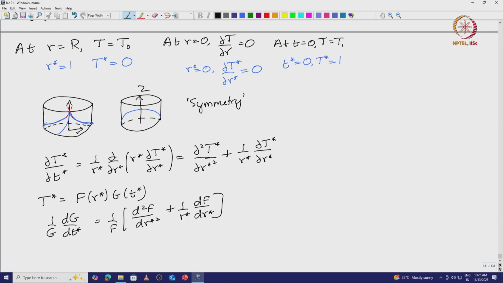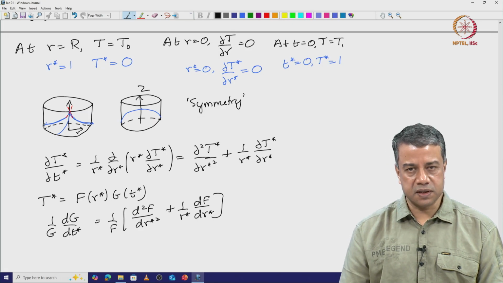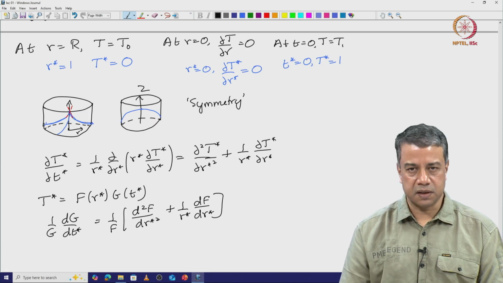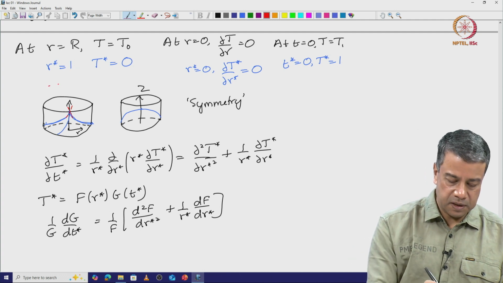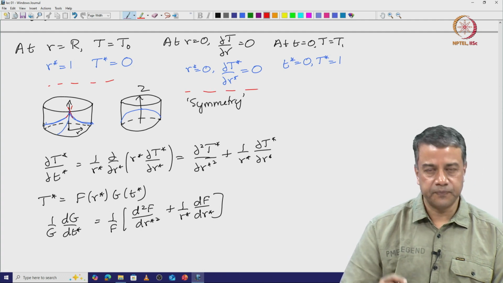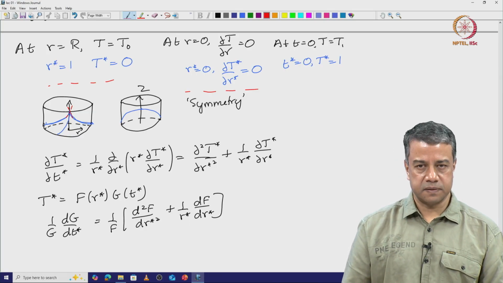I should note here that the steady solution is just t star equal to 0. For the transient part, you can see you have two boundary conditions. Both of these are homogeneous.